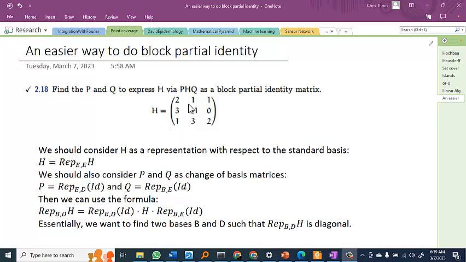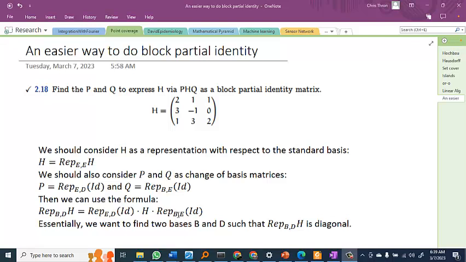Now, suppose we consider P and Q as change of basis matrices. We have this formula for the representation of the matrix H from basis B to basis D. The way I read this is that if I want to go from basis B to basis D, you read this from right to left.